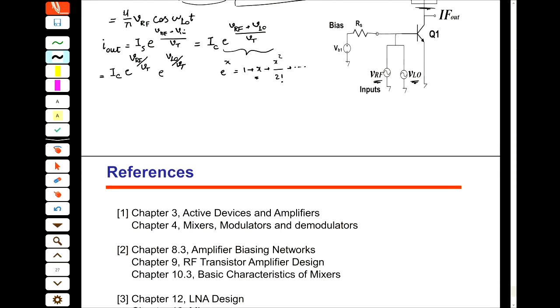So then I can write down this is equal to GM 4 over pi VRF divided by VT cosine omega RF t cosine omega LO t.